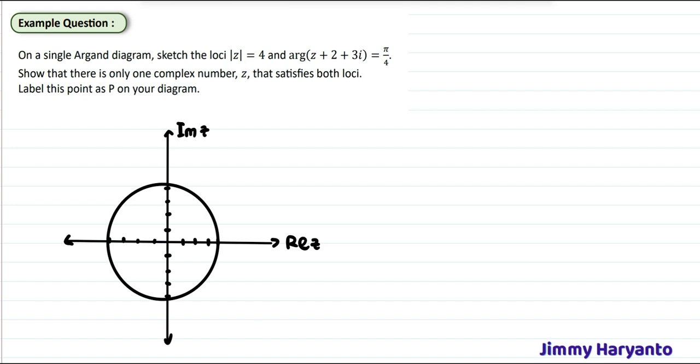And then for this one, it's the notation for a half line, right? So we have to find the starting point first. So z plus 2 plus 3i equals 0. You always do this when you want to find the center of the circle or the starting point of half lines. So you have negative 2 minus 3i.